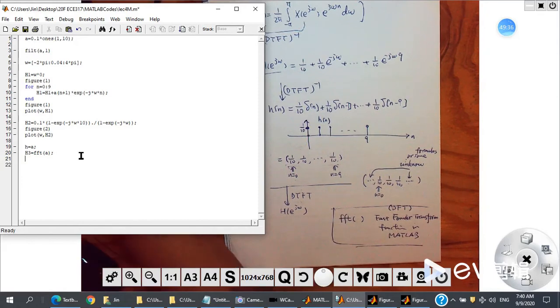And now I have H3. I can also plot it, but the axis will run from 0 to 2 pi, totally 10 values. So 0 to 9 times 2 pi.